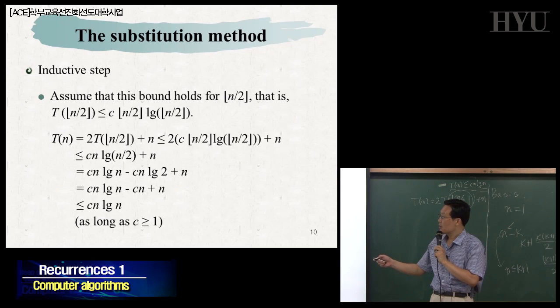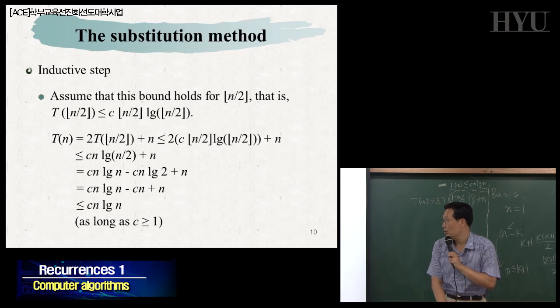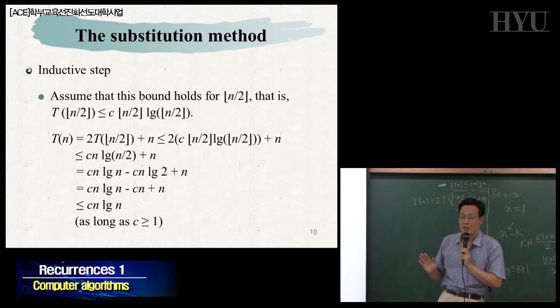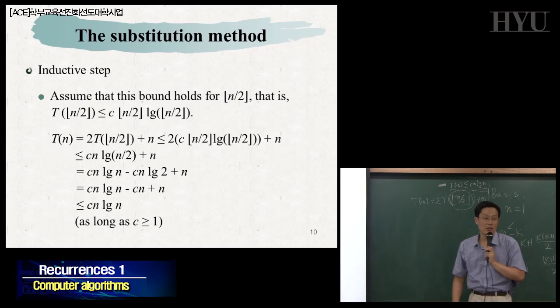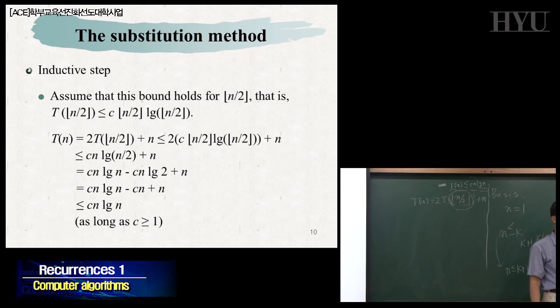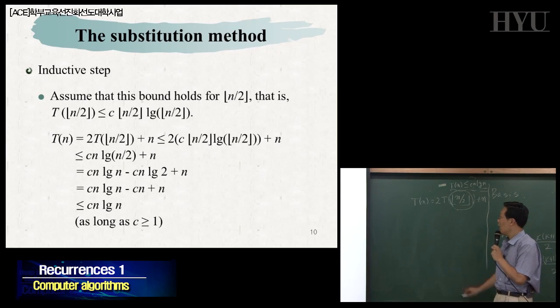It means T of the floor of n over 2 is at most C, the floor of n over 2, log the floor of n over 2. Okay? This is the assumption. Then I have to show this.